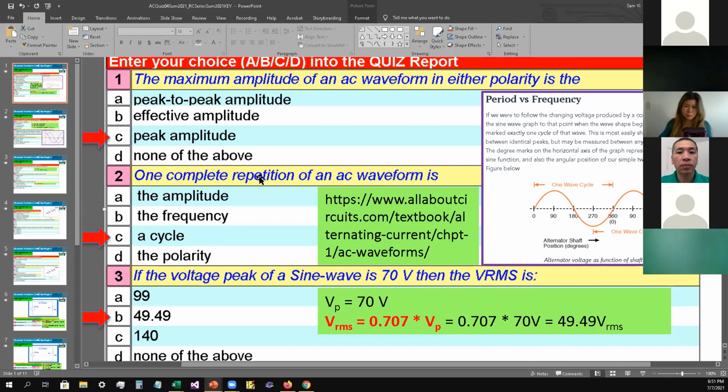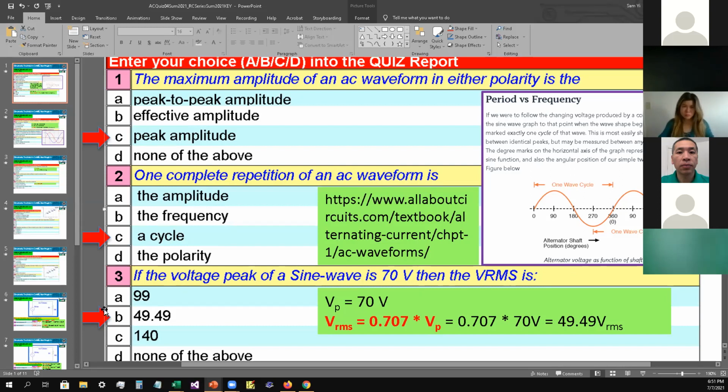Okay, number 2, one complete repetition of an AC waveform. This one is one complete: it goes up, comes all the way down to the bottom and then comes back up, representing 360 degrees. It's called a cycle. So that's C as in Charlie for number 2.